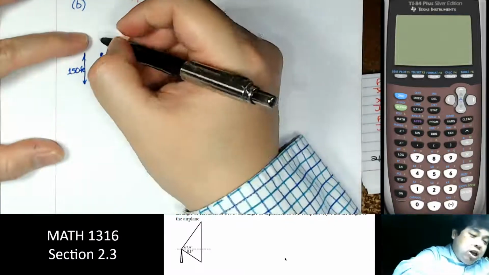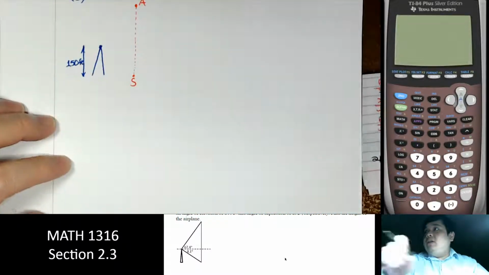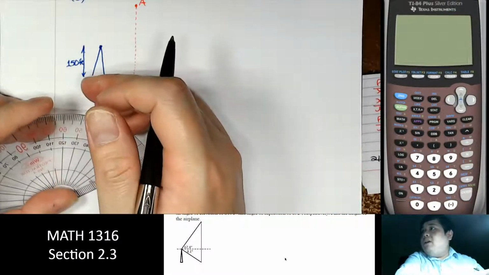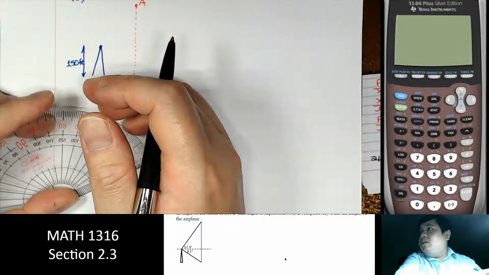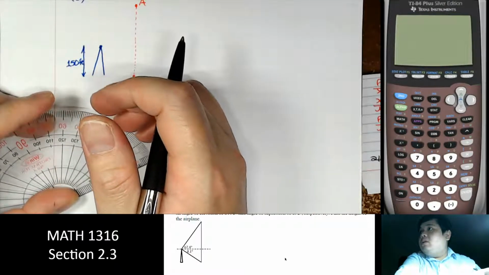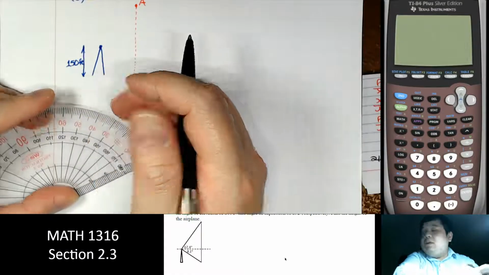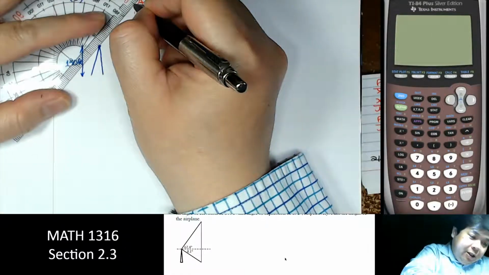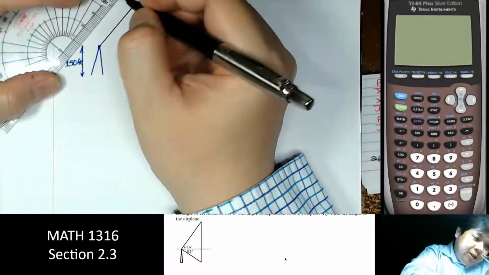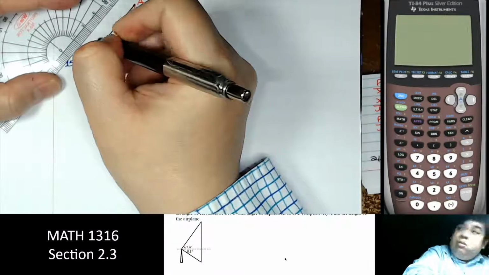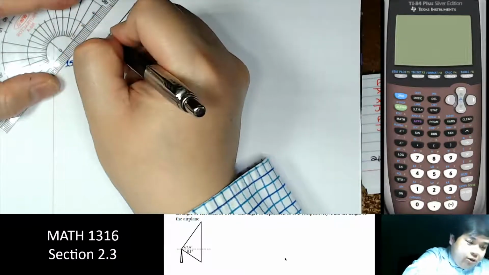And with respect to the tower, when you look up to the airplane, that is 67.4 degrees.